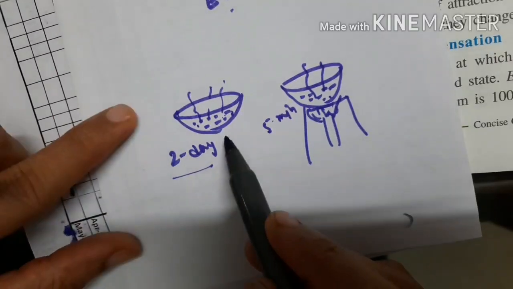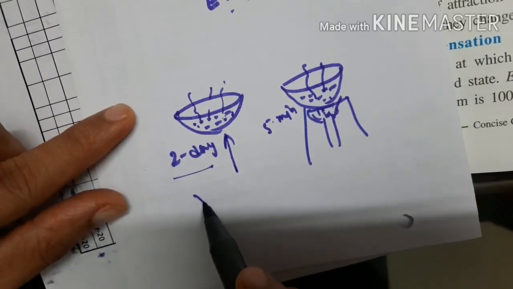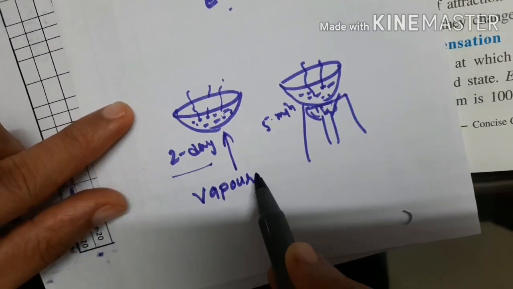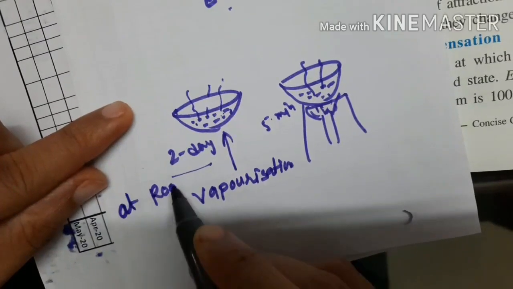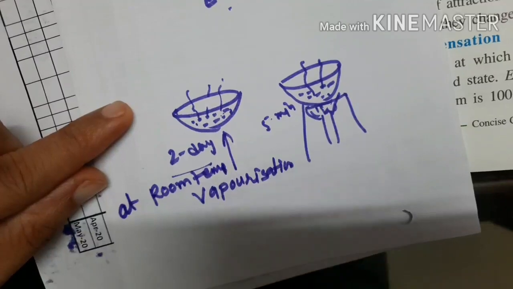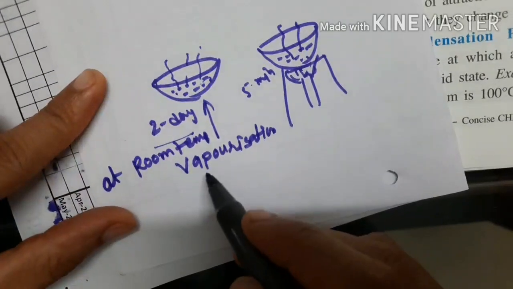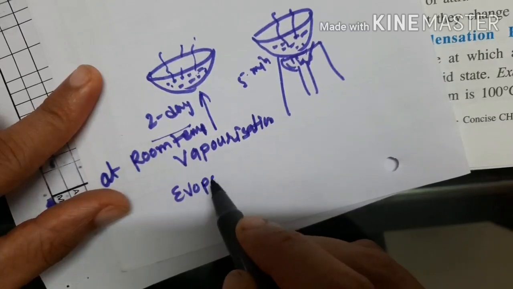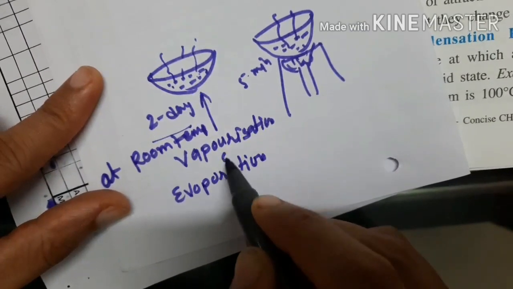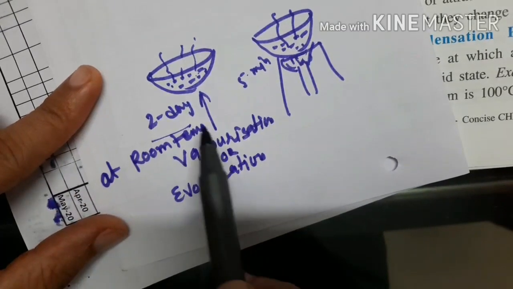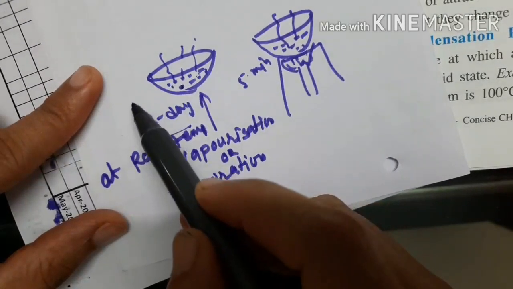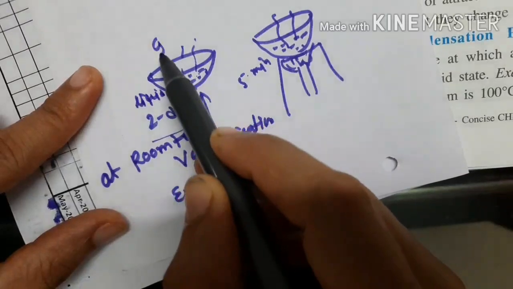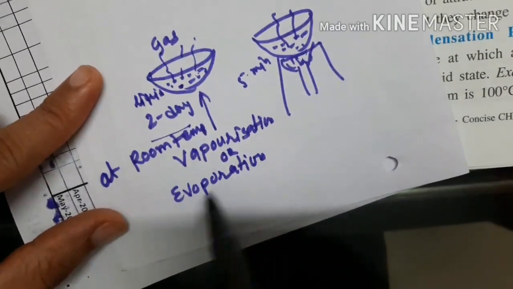Now remember, students, at room temperature, water automatically, without external heat, converts from liquid to gas. That is called vaporization, or evaporation.